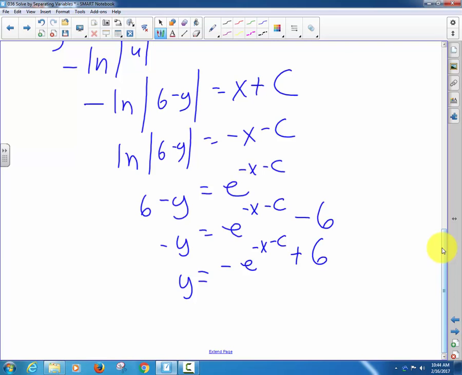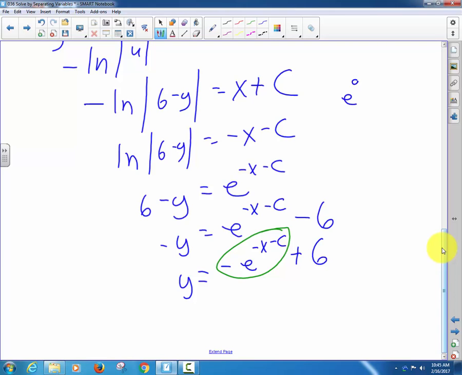And now we can still simplify this piece right here. How can we simplify e to the negative x minus c? All right, let's take a side note over here for a second.